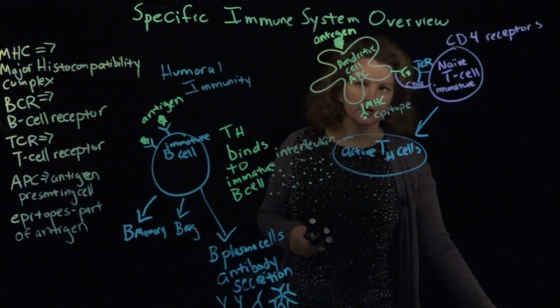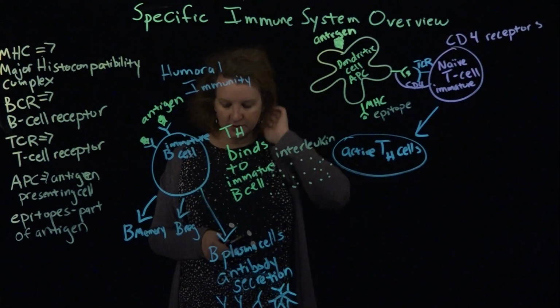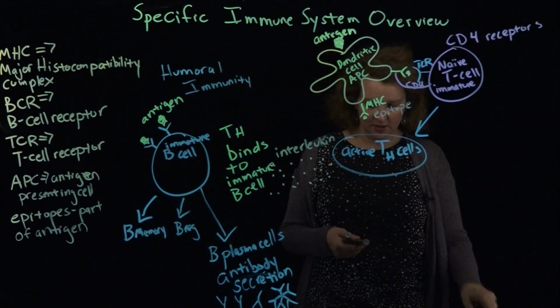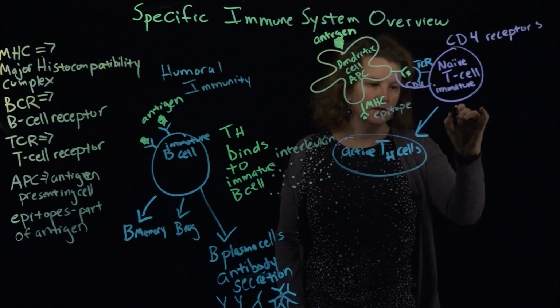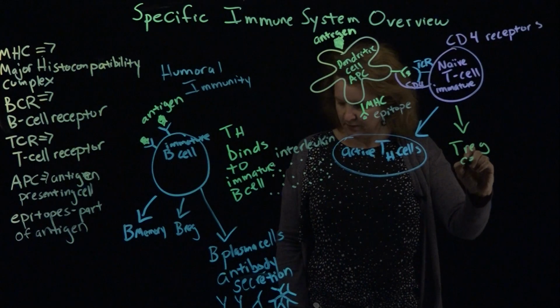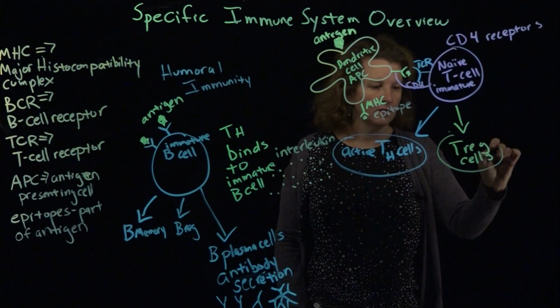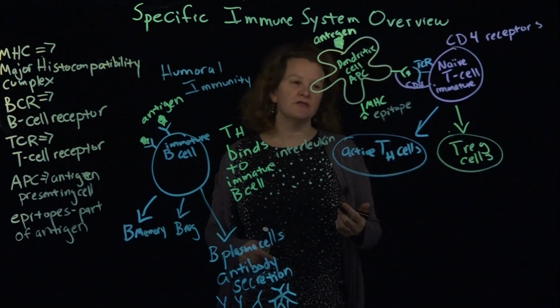So the T cell, let's go back to our T cell. So we talked about the stimulation of the T helper cells. Also some other T cell types that are stimulated are the T regulatory cells as well. And then this is going to help stimulate another type of cell.